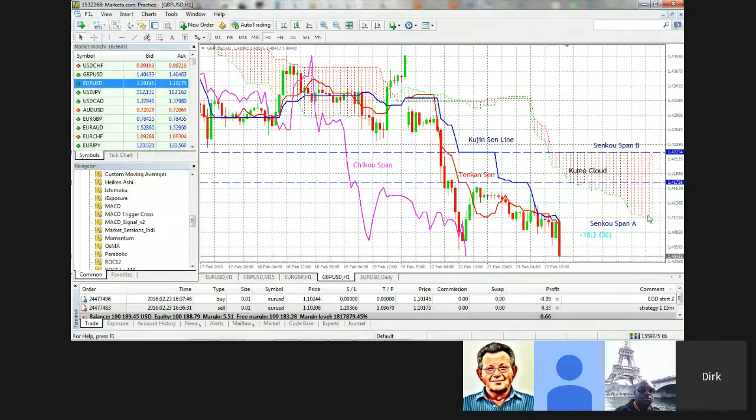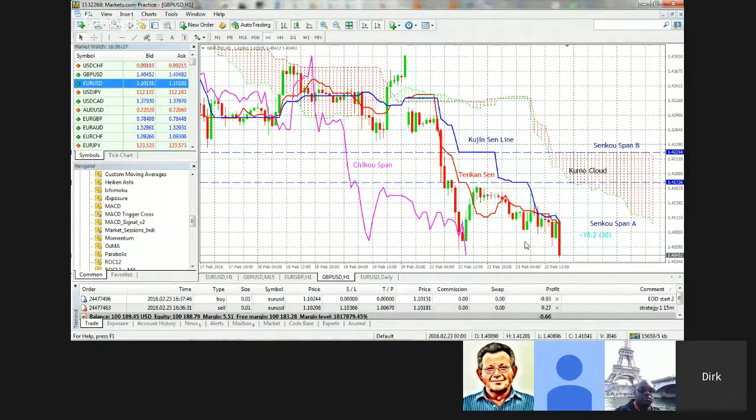Now at this point in time, this is trending strongly downwards. We can see that everything's pointing nicely down. The Chiku span is basically the third one, and that is a very good signal to take as well. That is a very strong signal, especially if the Chiku starts moving into clear open space. Now the fourth signal that we tend to look for is what we call the Kijun and Tenkan-sen crosses.